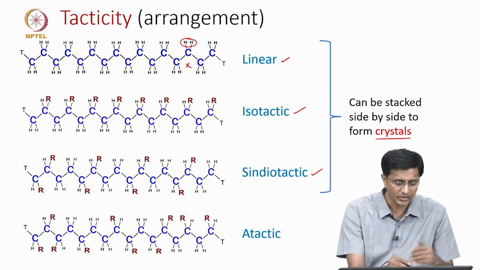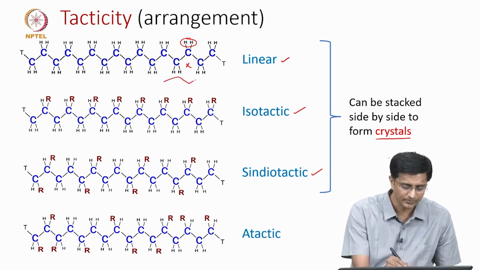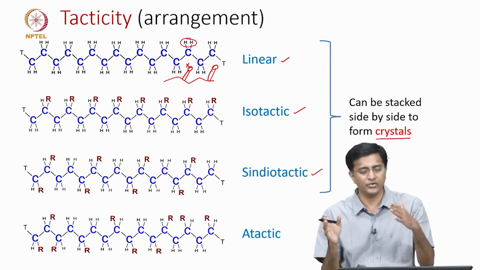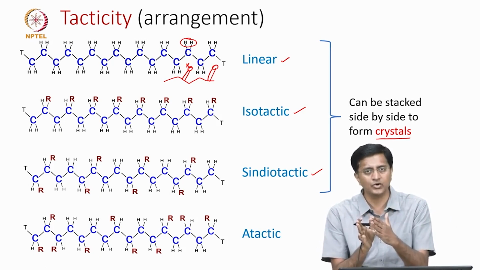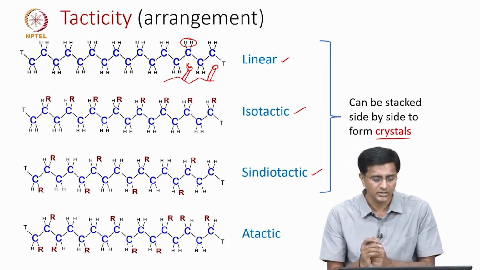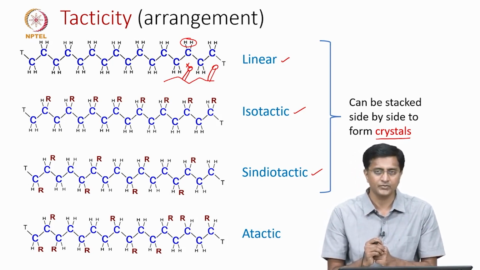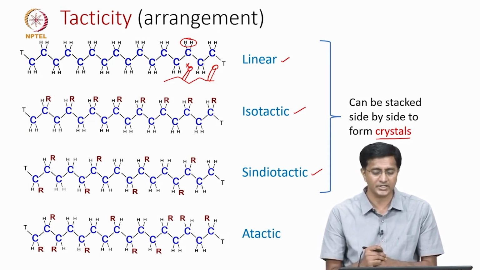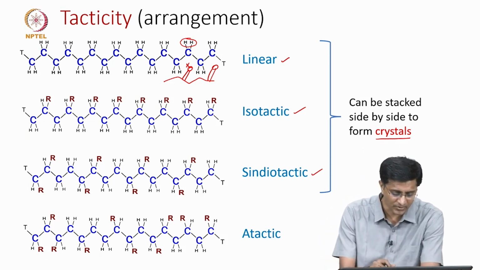So, if you are talking about another chain, maybe there are 2 hydrogen atoms which can fit into these gaps, and therefore, they can come very close to each other and form these crystalline forms.